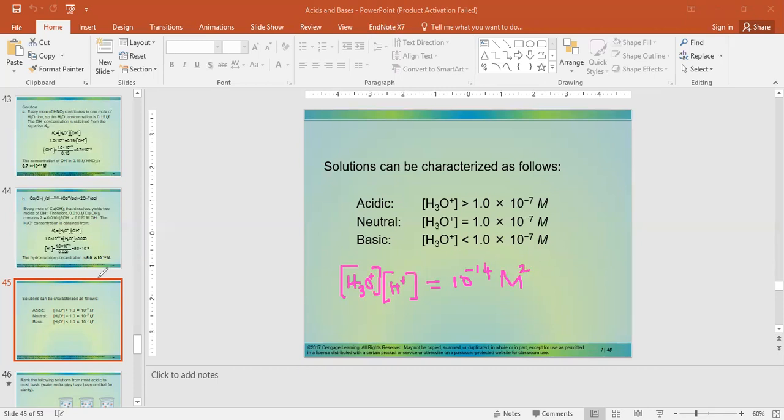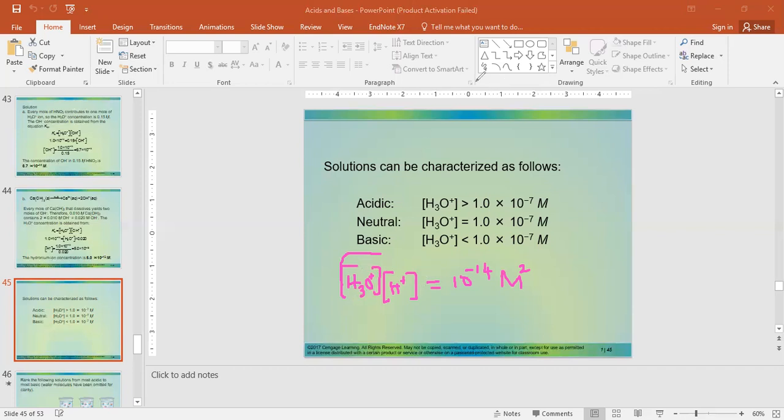When the solution is neutral, the concentration of this one equals the concentration of the other, so that they completely react with one another, and we do not have any base or acid left. So we say these two concentrations are the same.